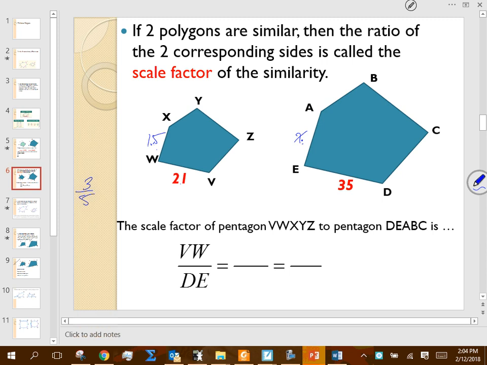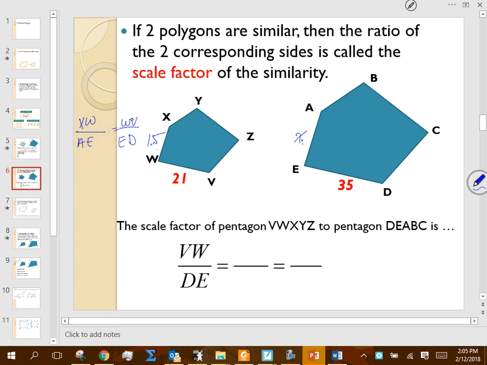Okay? Now, we also know, and this is why I'm going to go off the definition, we know that XW compared to AE, right? And WV compared to ED. That's kind of the proportion that we went through, VW compared to ED or DE.